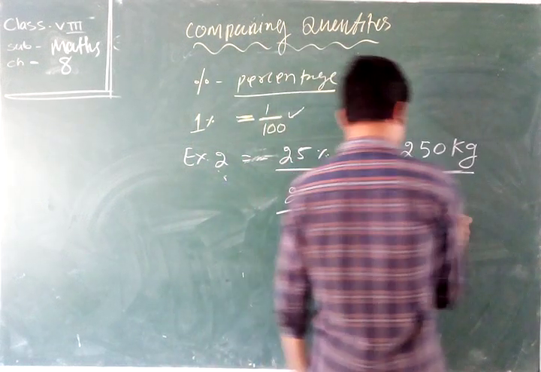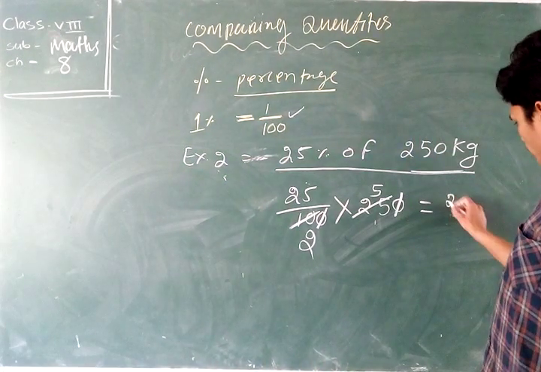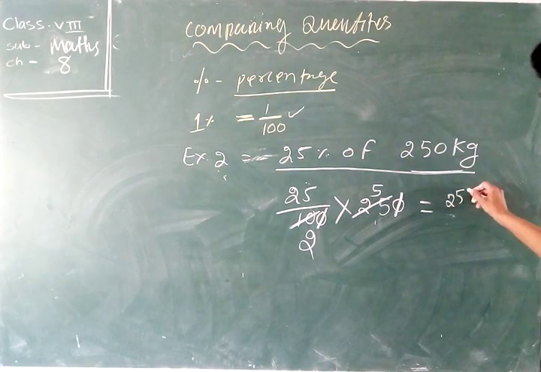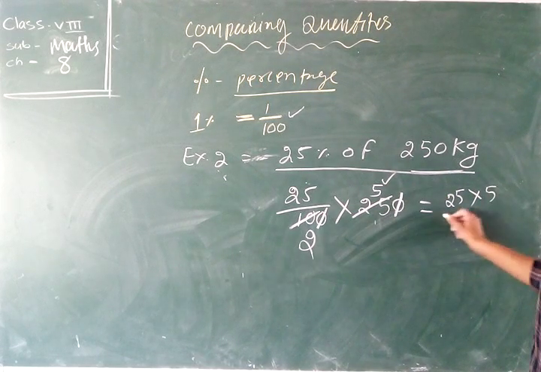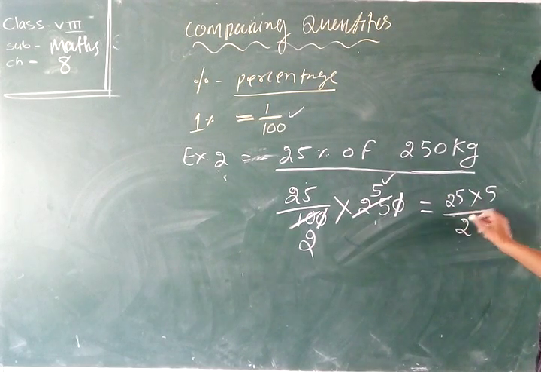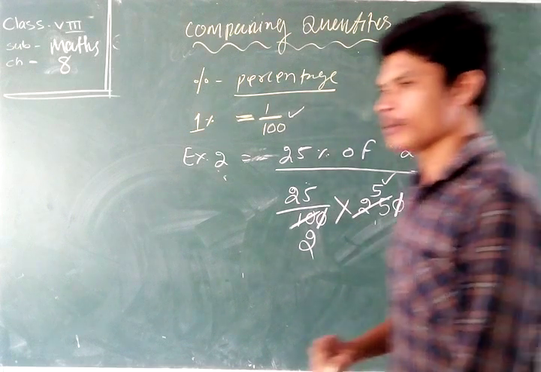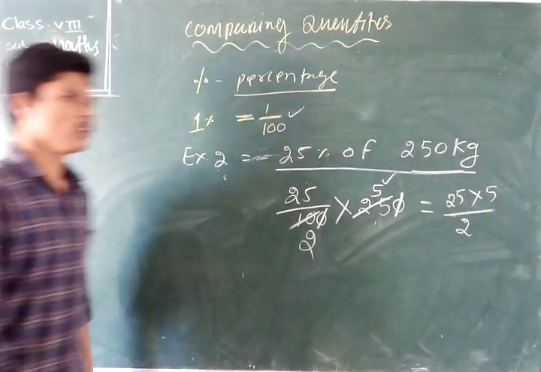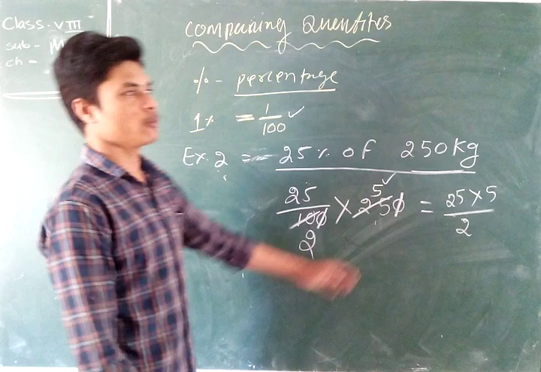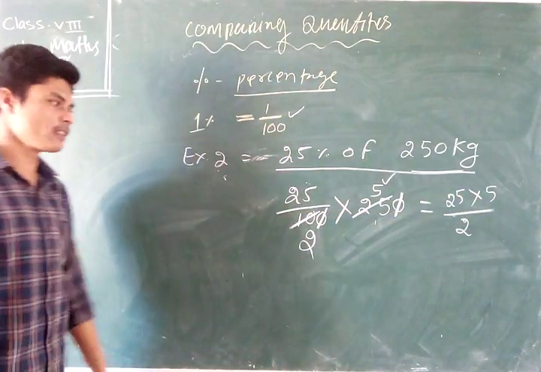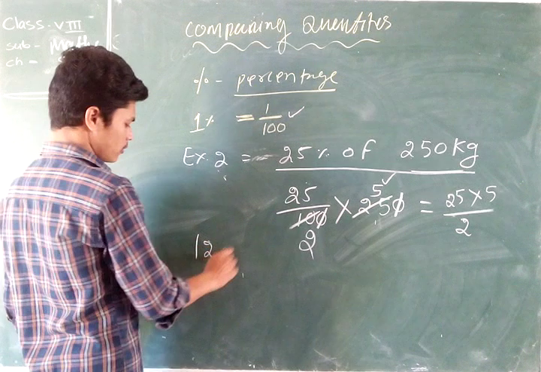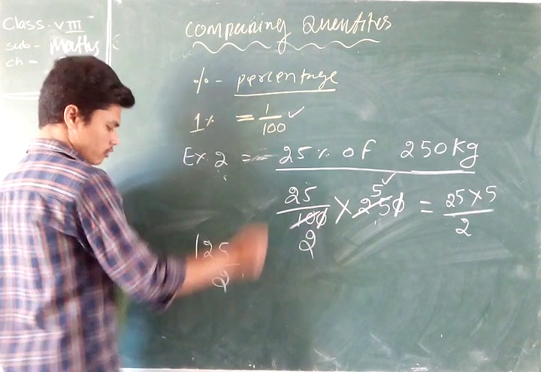Now 25 into 5 by 2. 25 times 5 is 125. So 125 by 2.